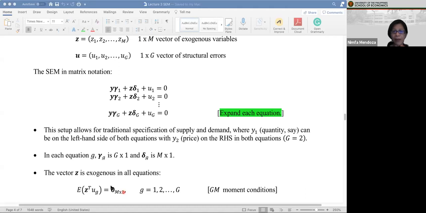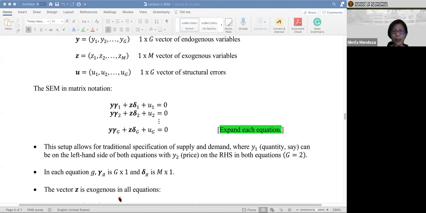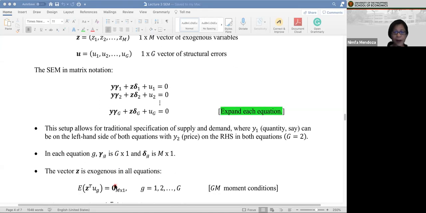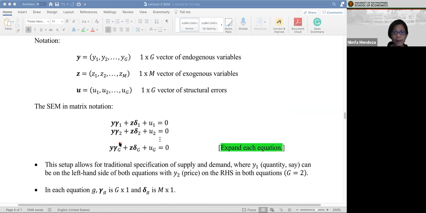You would have a moment condition for each of these exogenous variables. So for example, for the first equation, C sub 1 is uncorrelated with U sub 1, C sub 2 is uncorrelated with U sub 1, C sub M is uncorrelated with U sub 1. Therefore, you have M moment conditions.